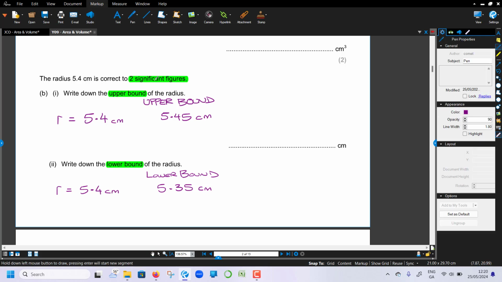So if it was me, technically the second significant figure here is that 4, right? So the place value of that is 0.1. So we have 4 of these, or you could say that's a tenth, so we have 4 tenths. Remember what I said before, you half that. So half of this will give you 0.05.